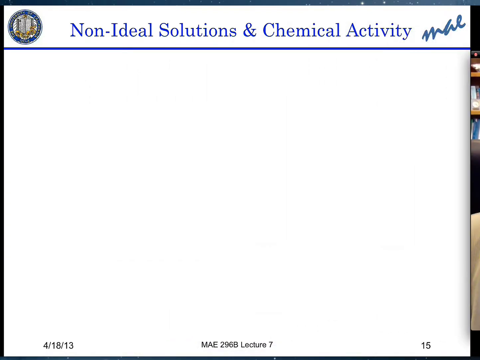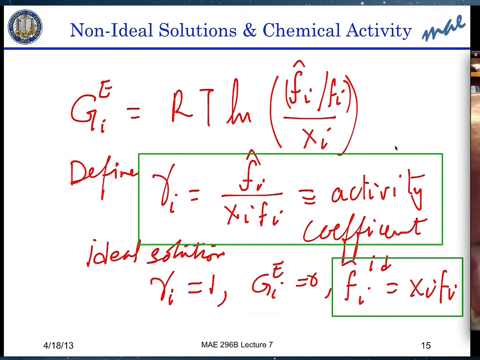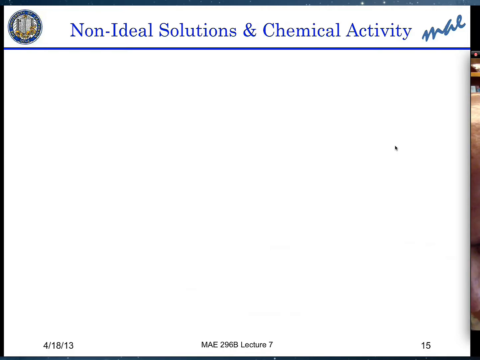So let's continue this a little bit here. We define the natural log of the activity of element i that we are interested in as equal to G_i excess, this is a bar quantity, divided by RT.